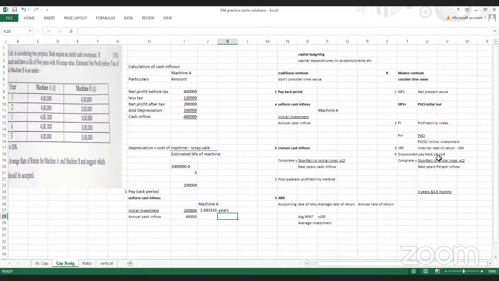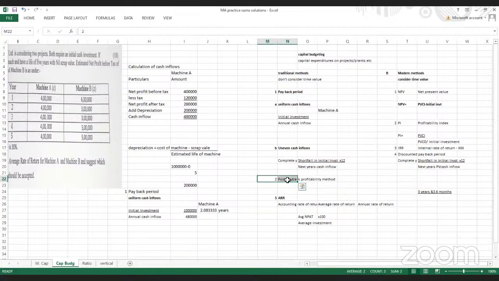I'll just revise once again. In a question, you may be asked to calculate payback period or ARR. I'm showing you all three methods in the same sum, all traditional methods. The three methods I have mentioned are: first, payback period; second, post payback profitability; and third, ARR.